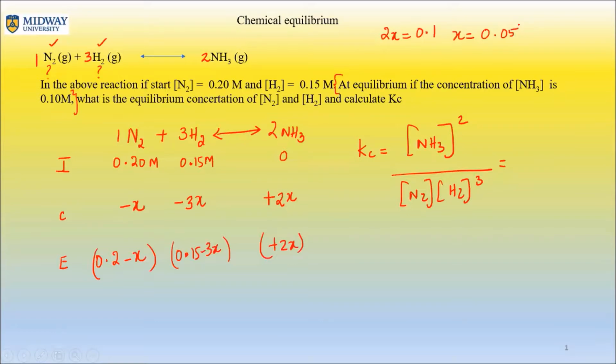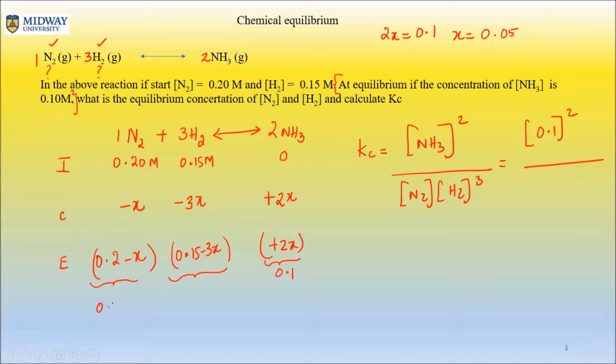I'm not wrong with my math. That's correct. So we know that this whole thing is 0.1, right? So NH3 on the top part is already known, it's 0.1. Don't do anything else, just put 0.1 here.